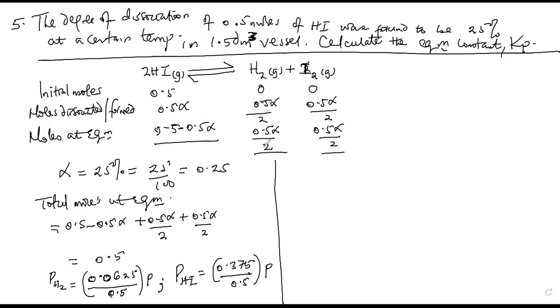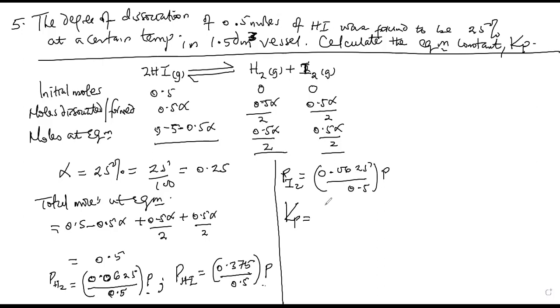Now, after getting all these, I assume that my total pressure was P. The partial pressure of iodine will be the same as hydrogen, so it is 0.0625 out of total moles 0.5, everything times the total pressure. After getting all that, we can get the value of Kp.